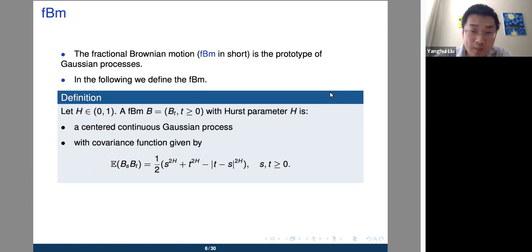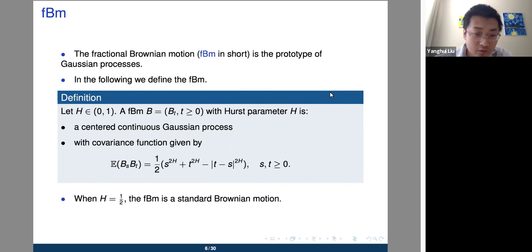A fractional Brownian motion with Hurst parameter H is a centered continuous Gaussian process with covariance function given by 1/2 times (s^{2H} plus t^{2H} minus |t minus s|^{2H}). When H is equal to 1/2, this fractional Brownian motion is just the standard Brownian motion.